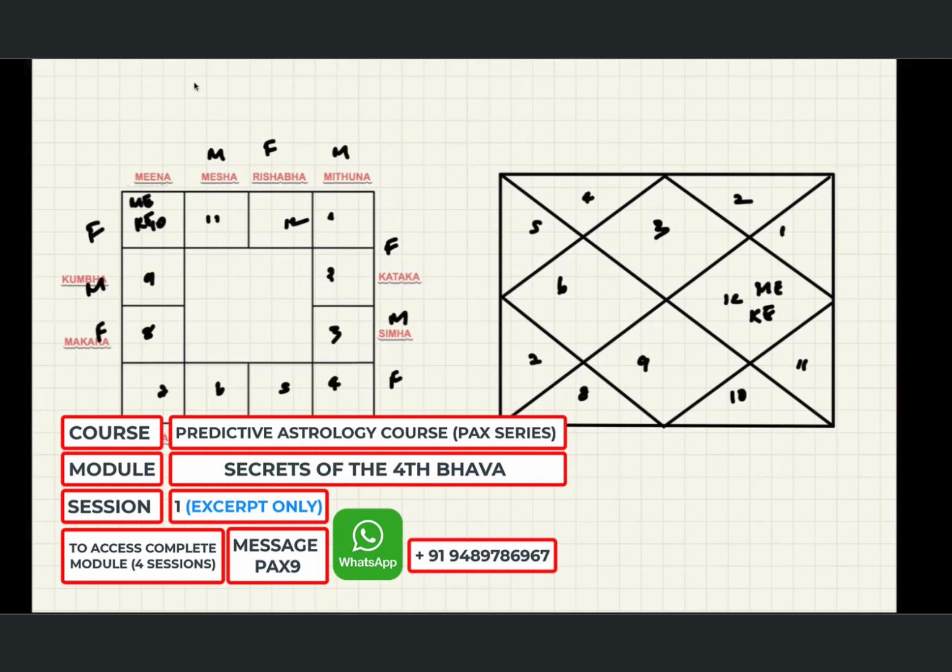Now just look at my screen here. I'm not drawing a horoscope because this is just a rule. See, in a female horoscope, the Lord of the Lagna is in the seventh. So what does the seventh indicate? The seventh indicates Kalatra. The seventh indicates the process of me uniting with somebody.